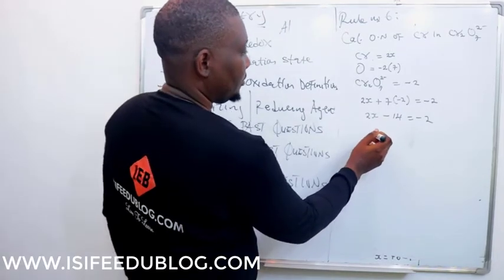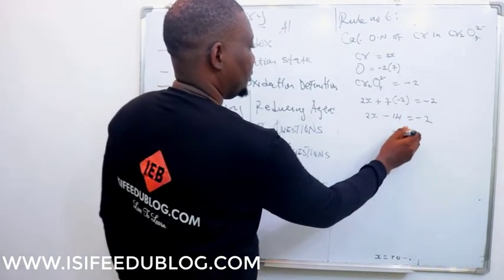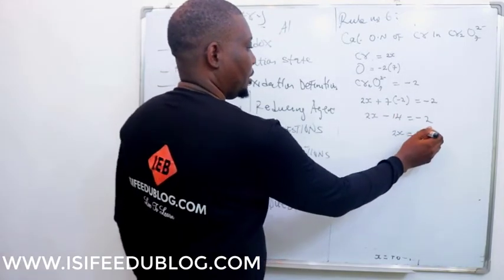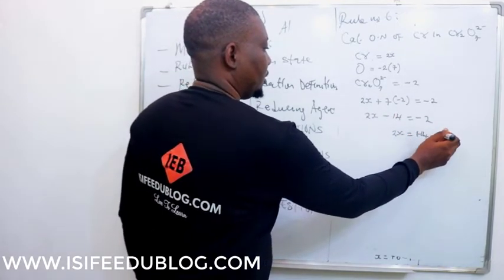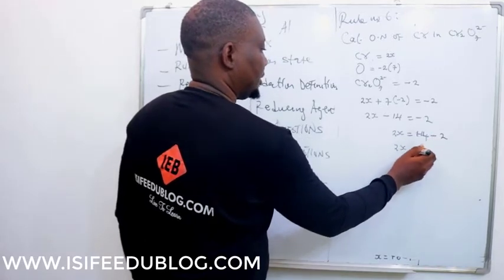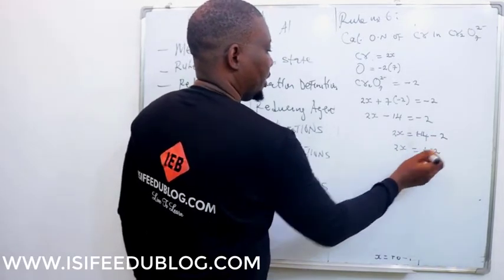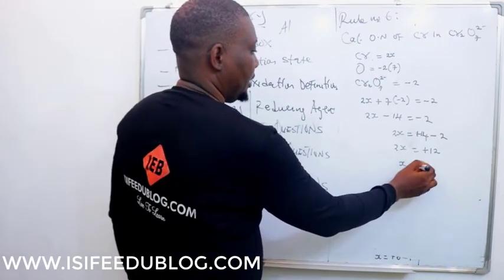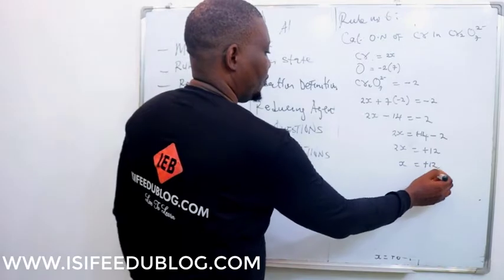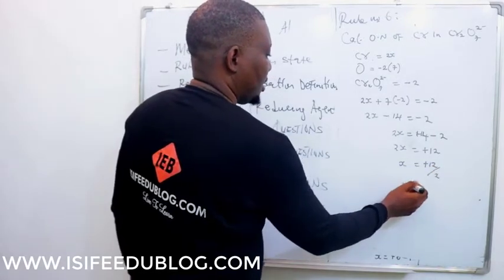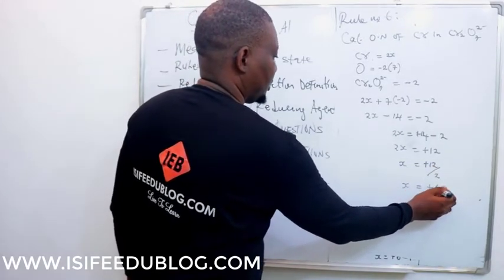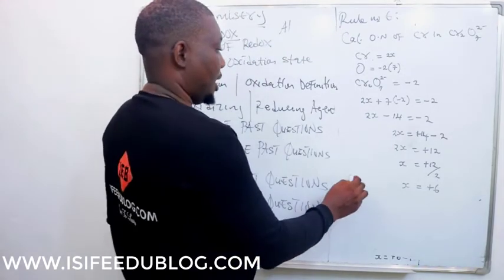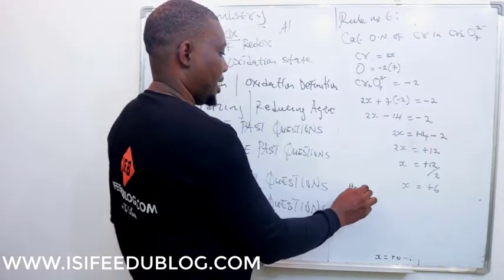So we have 2x equals, this coming over here becomes plus 14 minus 2. 2x is plus 12. Then x alone is plus 12 over 2. x is plus 6. So with this, we can give name to the compound as hepta.